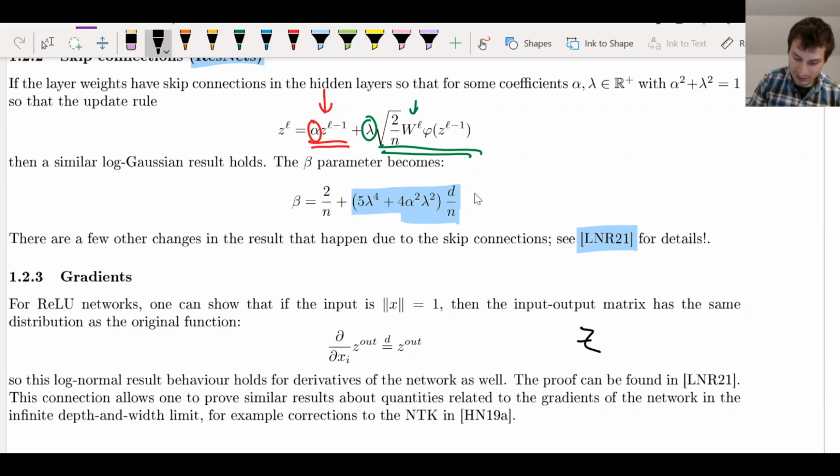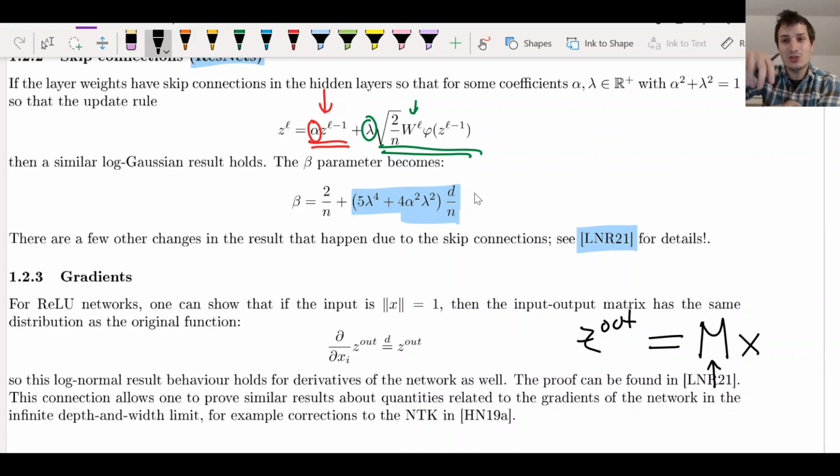So z out is equal, for some local neighborhood, to some matrix M, which is a random matrix, times the input x. So it behaves like a linear function, but the matrix M changes from place to place in space. But on every little piece of space, it's locally constant. So all of the magic of the nonlinearity in the network is how the matrix M is decided as you move through space, and this is decided through the activations and so on in the network.